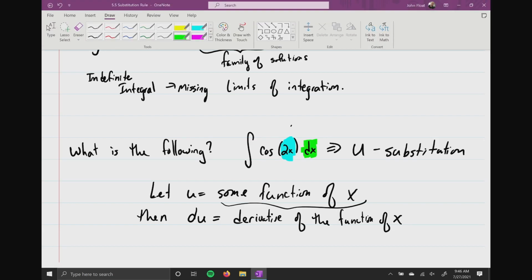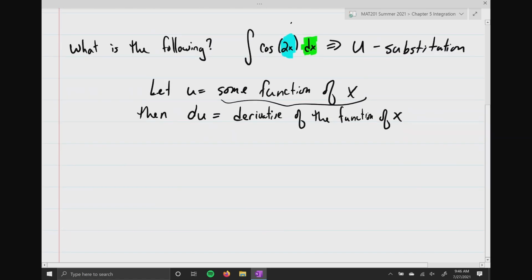It's the derivative of x, okay? So what we're going to do here is we're going to let u equal 2x, which is our function of x here. And the derivative of u, the derivative of 2x, is going to be 2 times dx. In other words, times its differential.